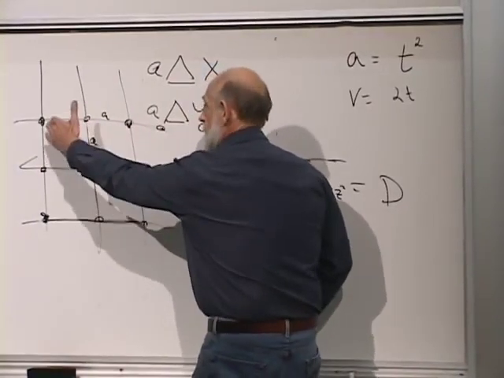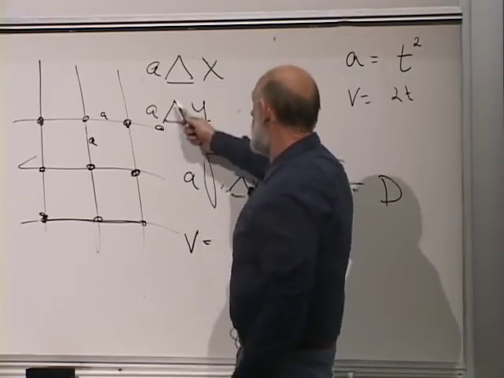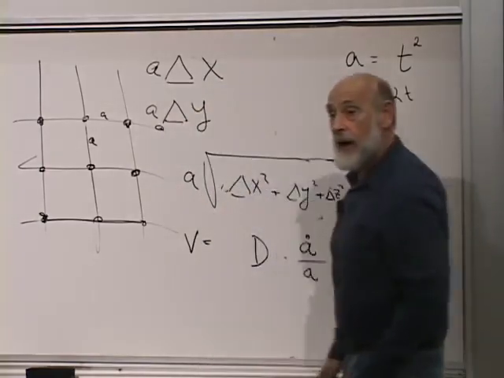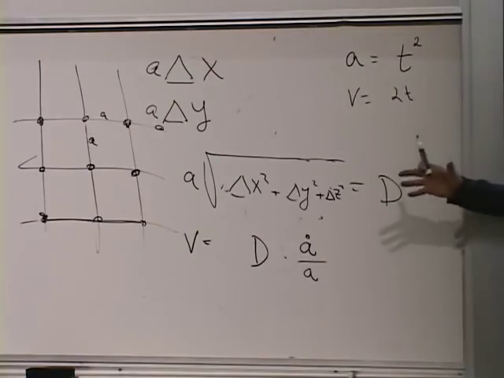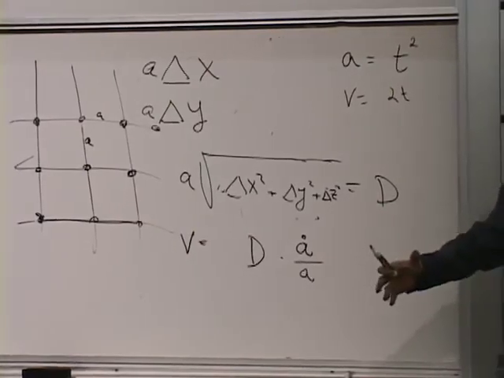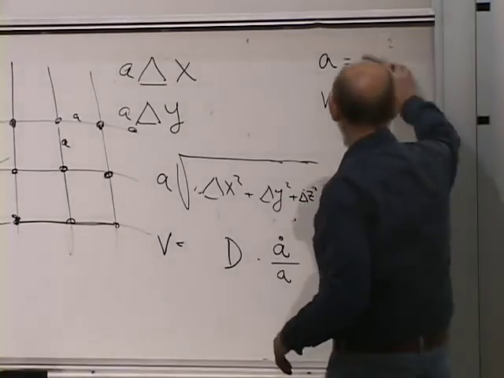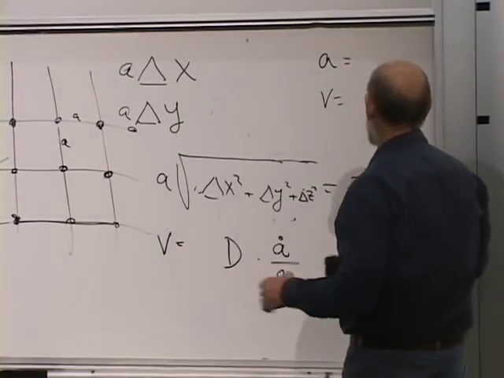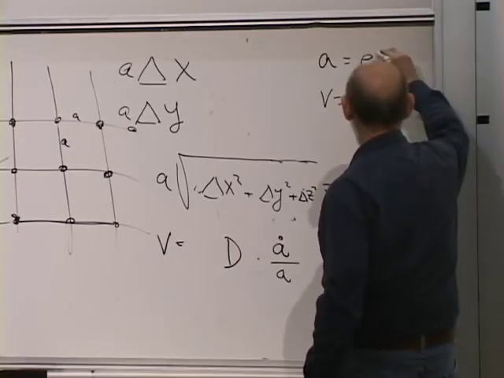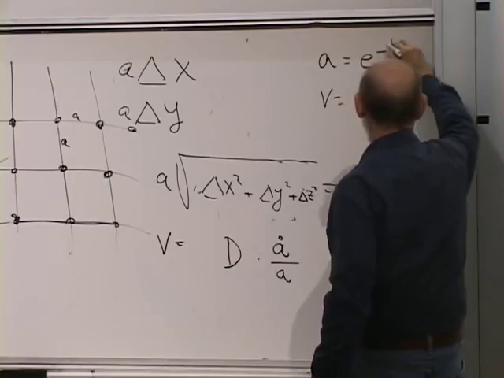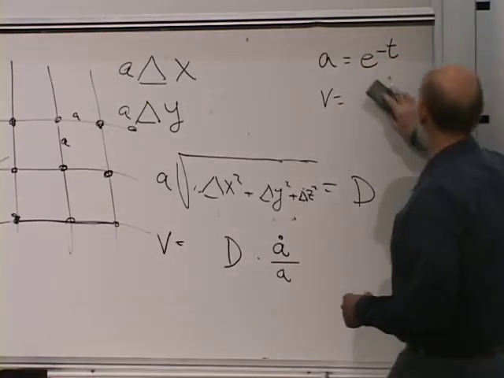In any case, it increases with distance. Depending on the details of how A depends on time, the galaxies may be accelerating away from each other or even decelerating. For example, let's take another law. Well, let's take the law A goes like e to the minus t. Is that a good law? No, that's not a good law.